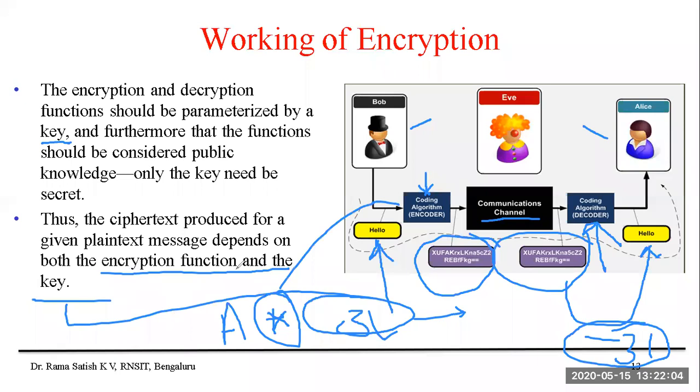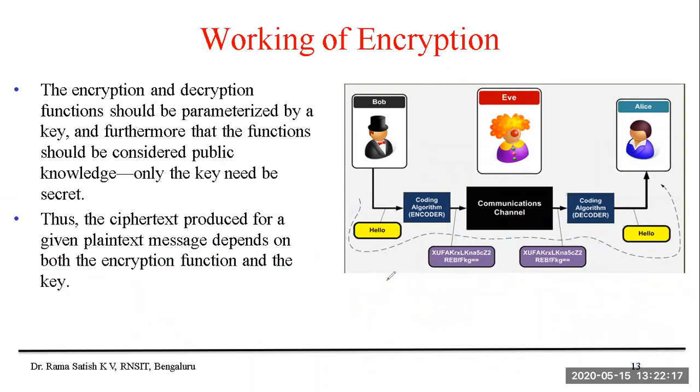So you have an encryption function. The encryption function does the operation, and the key is the value on which this function is going to convert your plain text into ciphertext, and the ciphertext is transmitted. This is a very important thing that you should understand.